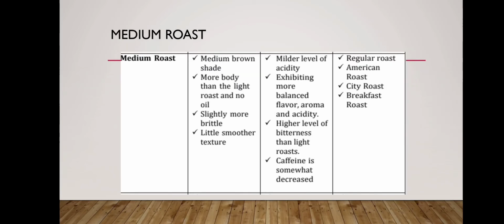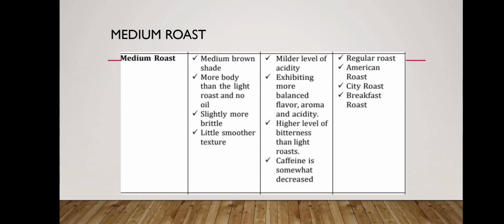So, next natin is the medium roast. Yung second table natin, nagde-determine ulit siya ng characteristics, which is sa medium roast, ito ay medium brown shade, more body than the light roast, and no oil, slightly more brittle, little smoother texture. Kanina sa light roast, actually light talaga yung color niya, unlike dito sa medium roast na medyo darker na siya.